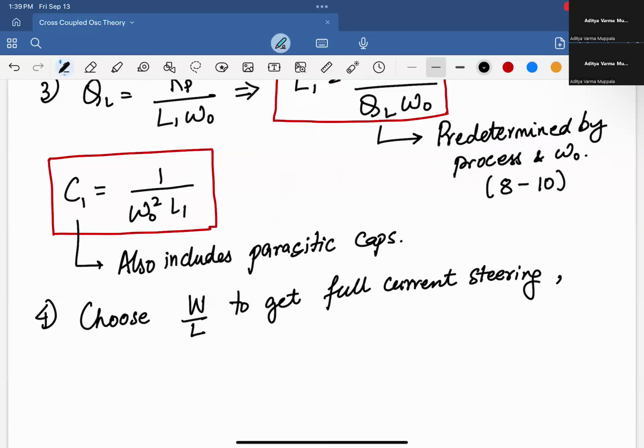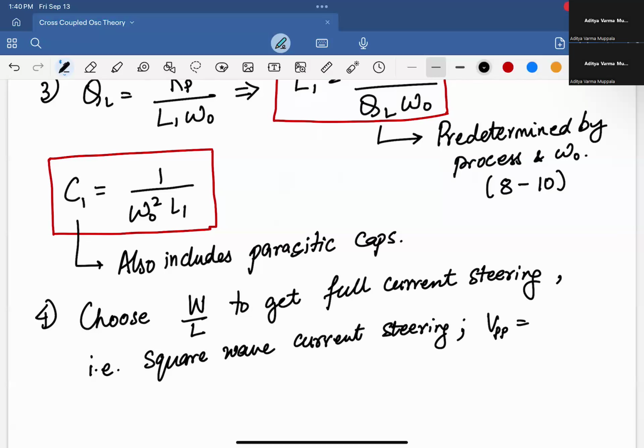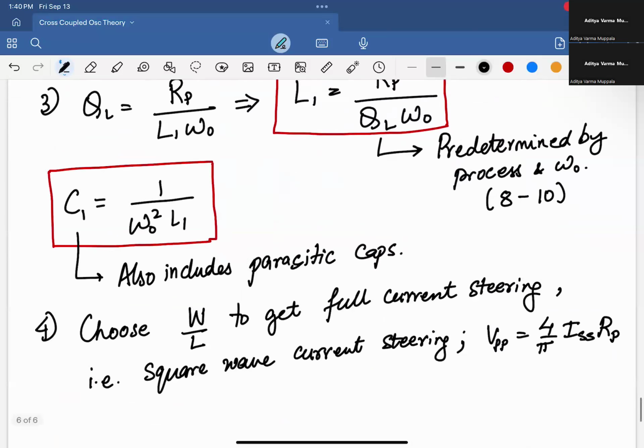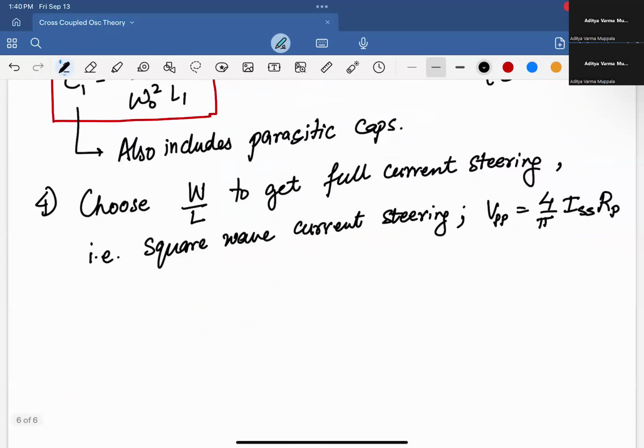So that you get that square wave, i.e. square wave current steering. So that gives you VPP is equal to 4 over pi ISS RT. And that's what we started with here, I guess. So make sure that, of course, W over L is large enough.